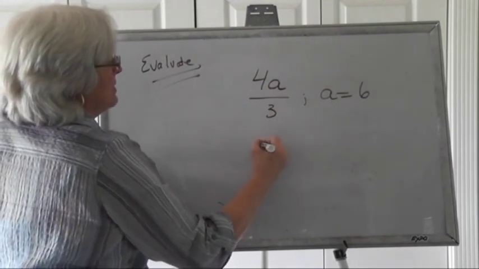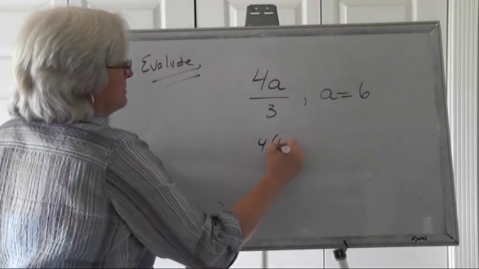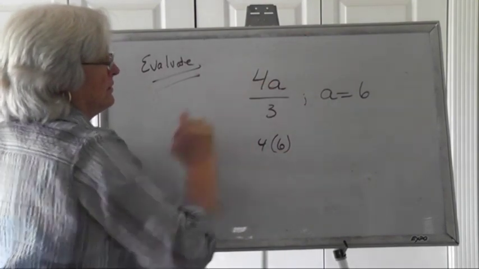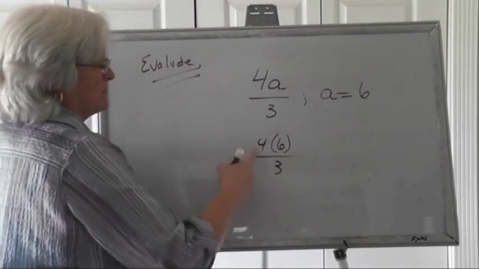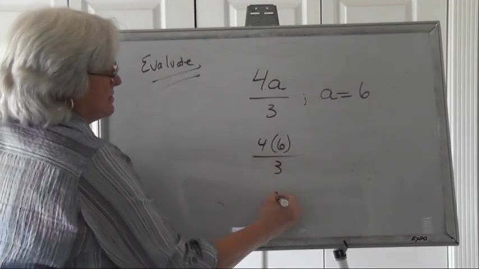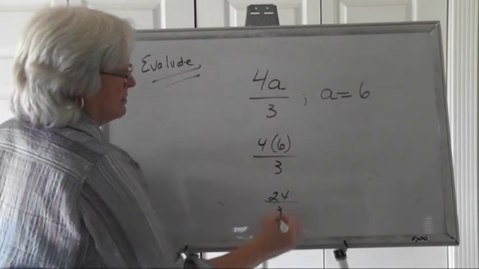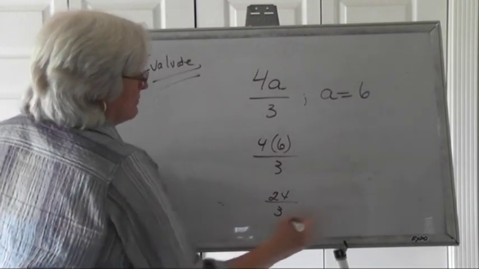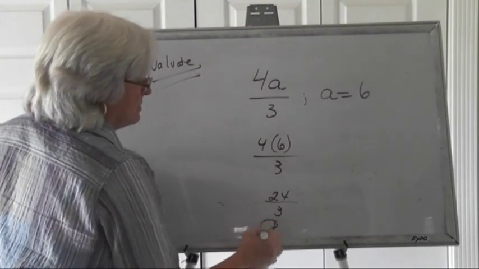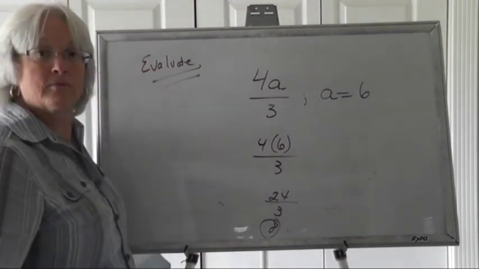Very first, we substitute in the 6 for the a, our fraction bar, and 3. 4 times 6 is 24 over 3, or 24 divided by 3, for the obvious solution of 8.